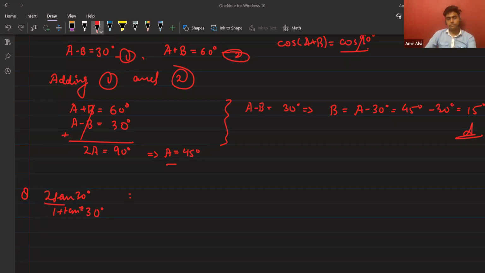So is the answer 1? I don't know, dear. Let's solve, because I don't memorize the answer. Okay, sir. Tan 30 is 1 by root 3. Yes or no? Yes, sir. 1 plus tan square 30 will be 1 plus 1 by root 3 whole square. Oh, I didn't notice the square. So it will be 1 plus 1 by 3.